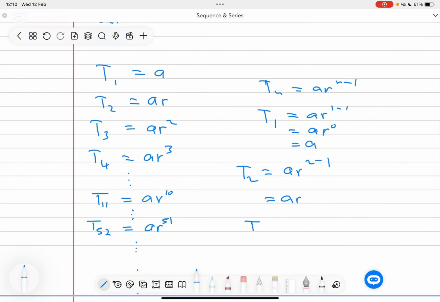This would mean that I'm going to have T52, where n is 52, because we're looking at the 52nd term, which will be given by a, then r to the power n minus 1, but our n is 52, so 52 minus 1, and this actually gives us a r to the power 51, and that's how we defined it when we were studying the pattern taking place in this sequence. So this becomes a formula to determine or find any term in the sequence.